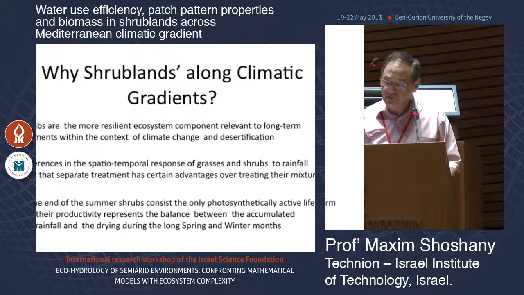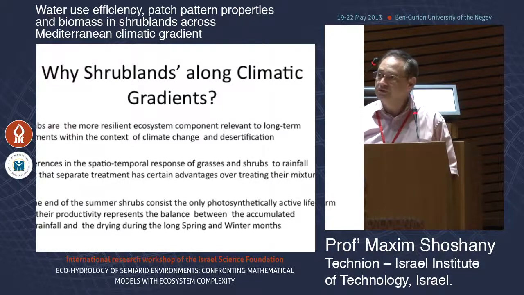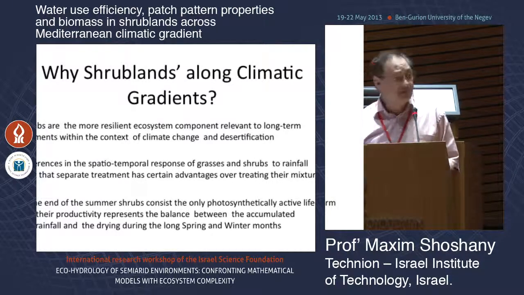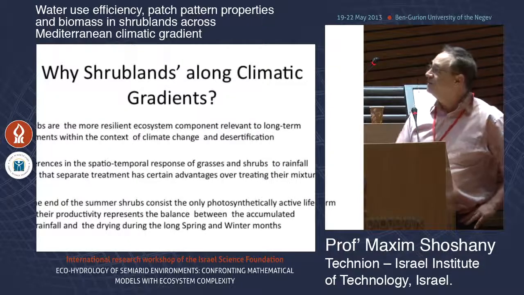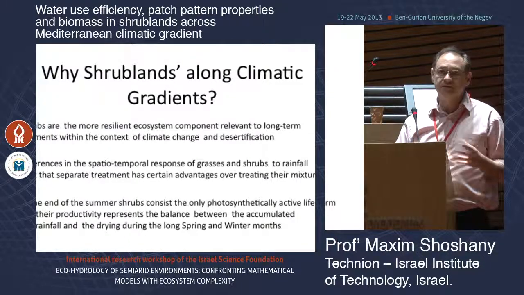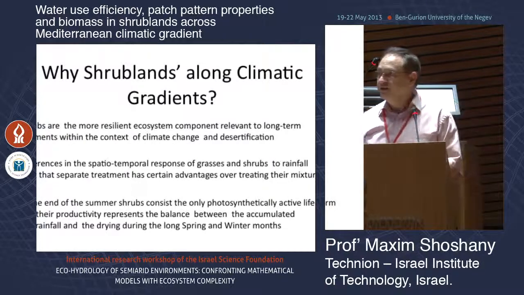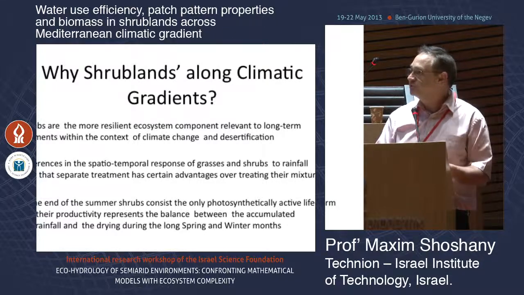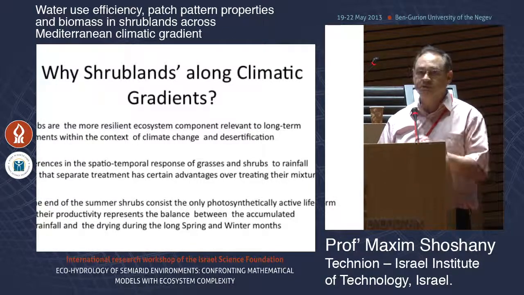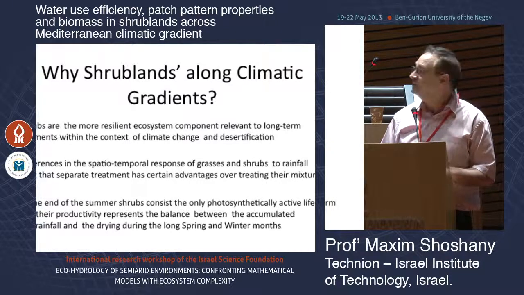So we better look at them if we want to see the long-term trends. The other thing is that if we mix the environment, if we look both at grasses and shrubs, we have a mixed signal, where each part is actually responding differently to the rainfall.